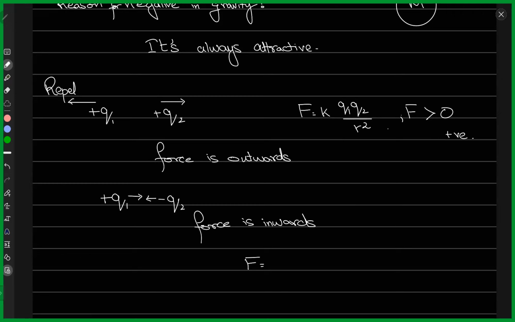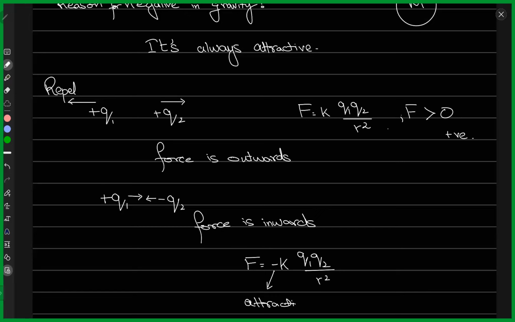Because if it gives you a negative sign, then it means that yes, indeed, it is inwards. So we have k, one charge is Q1 and the other one is minus Q2. So it would put a negative sign outside and there will be Q2 divided by R squared. So you see, indeed, there is this negative sign, which tells you that this is the case of an inwards direction, meaning that it's attractive.